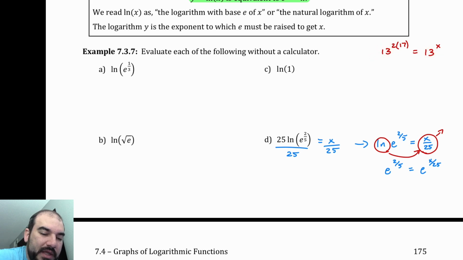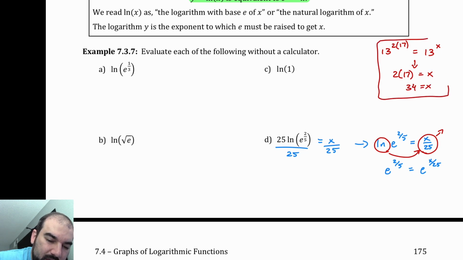These two sides would only equal each other if my exponents were the same. So then we can go from this to 2 times 17 equals x. This is just a little mini example on the side. Therefore, x would have to be 34, for example.